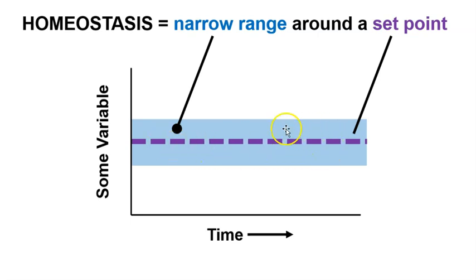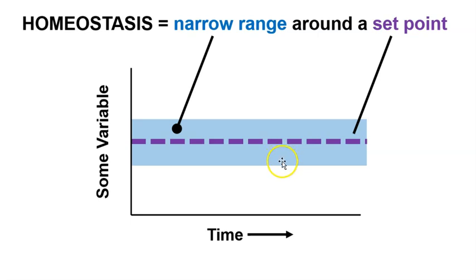So if this, for example, were body temperature, our set point for body temperature is typically about 37 degrees Celsius, about 98.6 degrees Fahrenheit. But if you were to measure your body temperature at any given moment during the day, or even throughout the day, you would find that at some points your body temperature might be a little bit higher than 98.6.